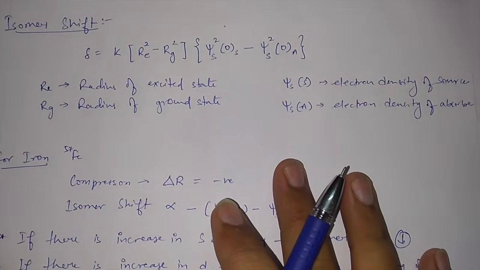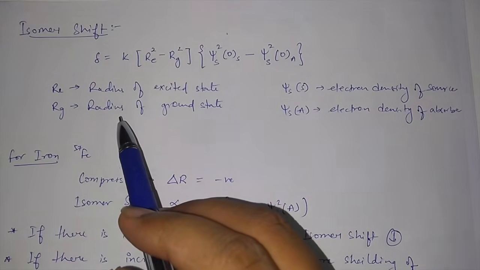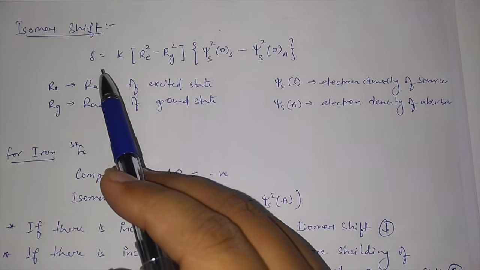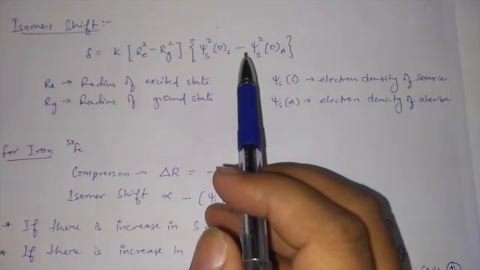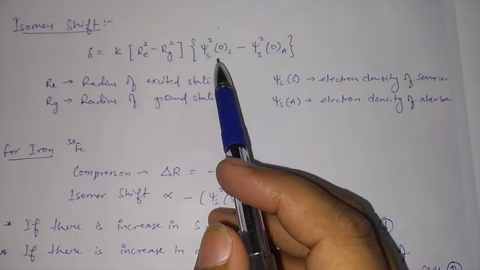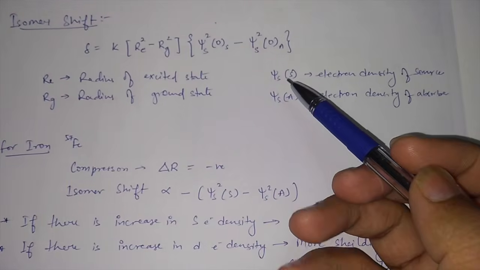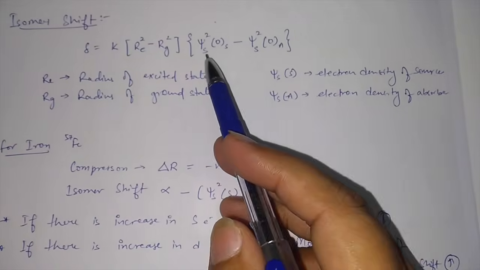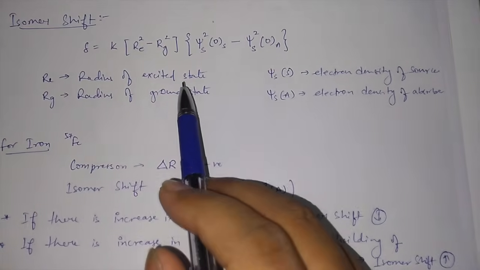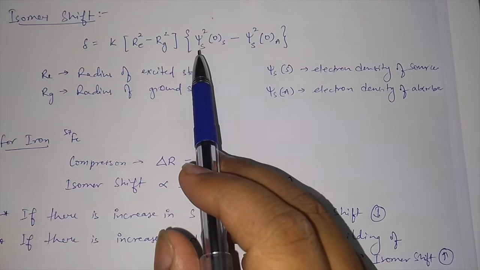All right, now let's talk about the last and the most important part of the explanation, and that is your isomer shift. That is given by this formula: delta = K(Re² − Rg²)(ψs² of sample − ψs² of absorber). Here this is your source, and this is the absorber, or source and sample; you can say them like that. ψs² is nothing but the electron density of your s orbital, right?